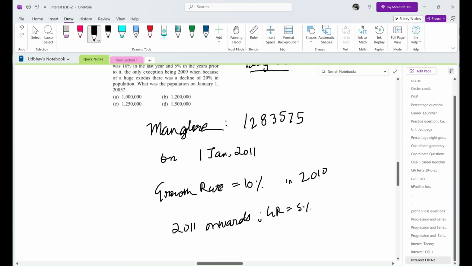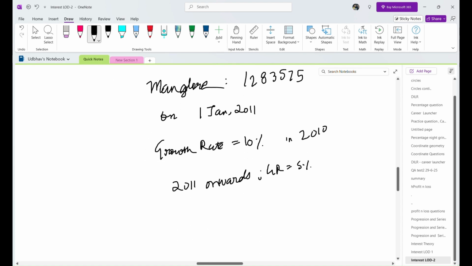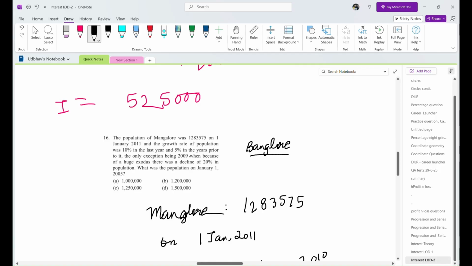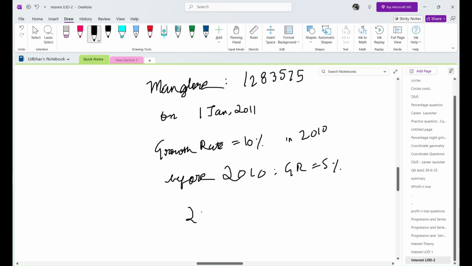So in the last year it was 10%, and before 2010 growth rate was 5%. The only exception being 2009, when because of a huge exodus there was a decline of 20% in the population. 2009 is an exception.